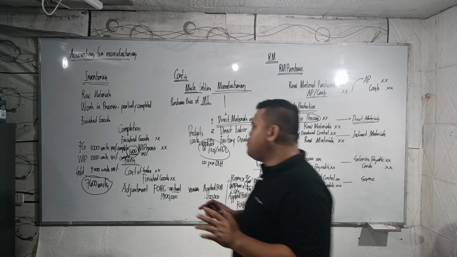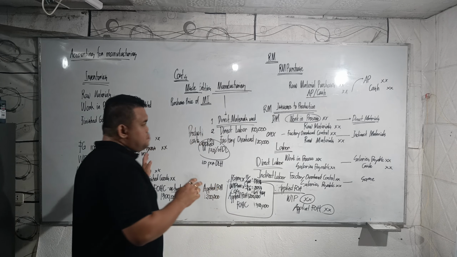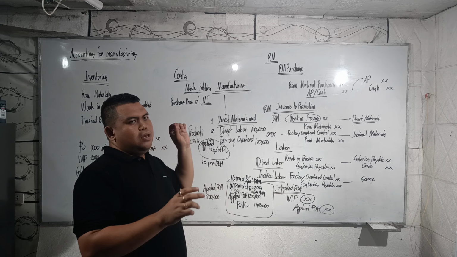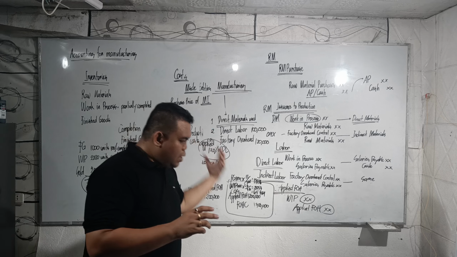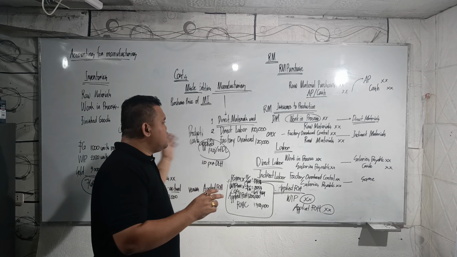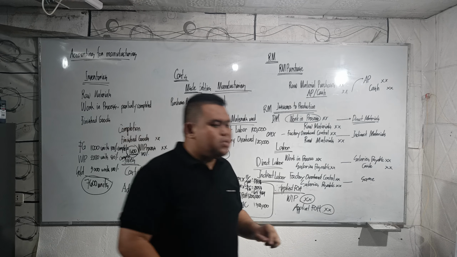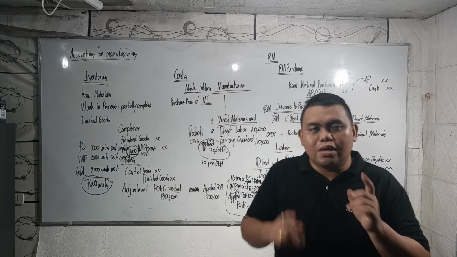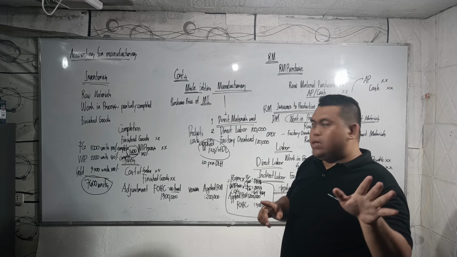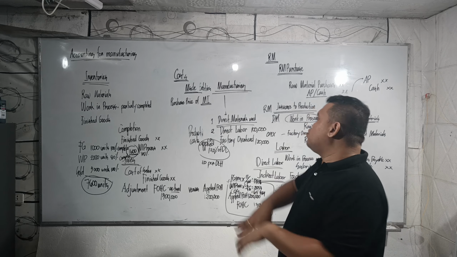So before we have an illustrative problem to really get into step 1 to step 10 of the accounting cycle for manufacturing entities, there is one still that I have to discuss, but that would be on the next video. Okay? So for now, you have to absorb this.